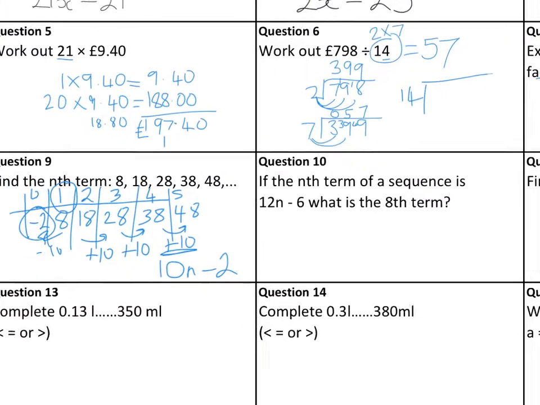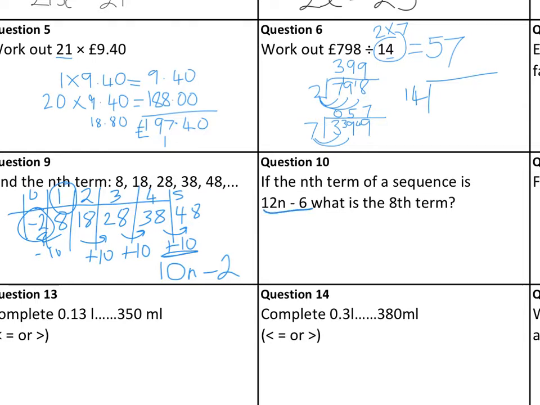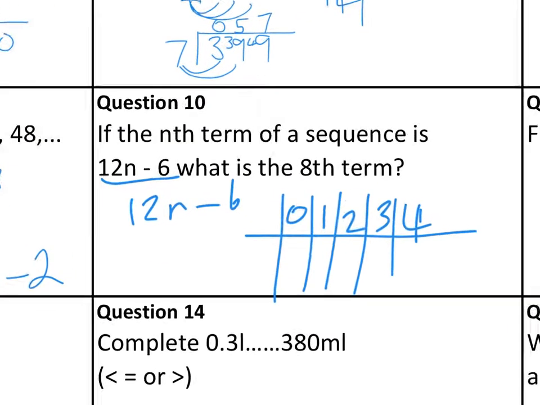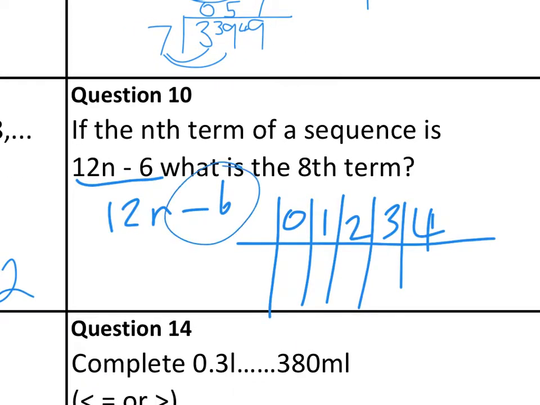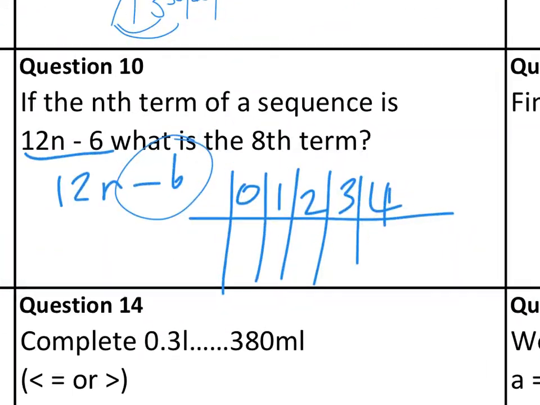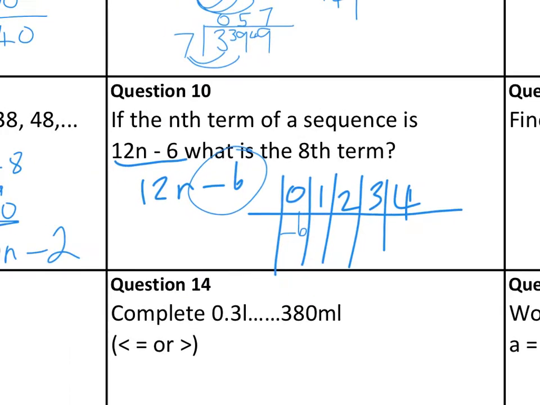If the nth term of the sequence, I've got another sequence here, 12n minus 6. What is the 8th term? What that means is, if I drew this out again, 0, 1, 2, 3, 4, etc. It starts at -6 here, and I'm adding 12 each time.